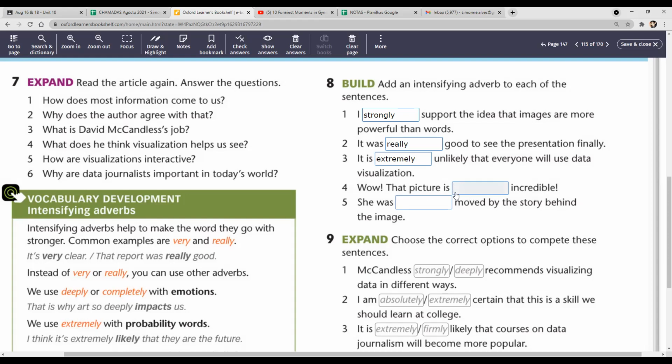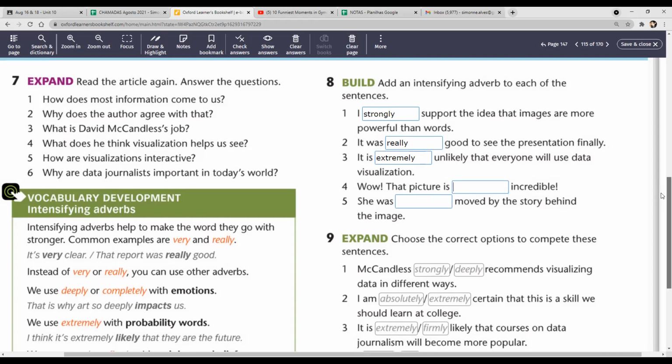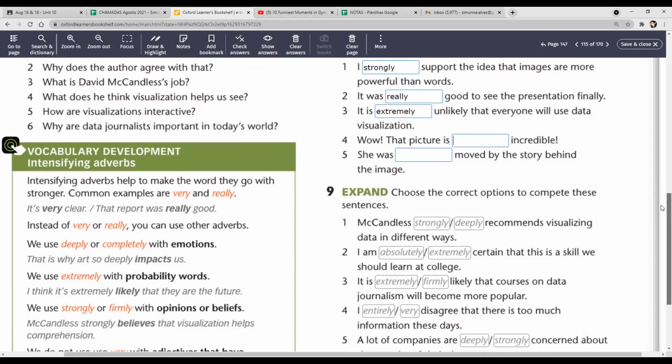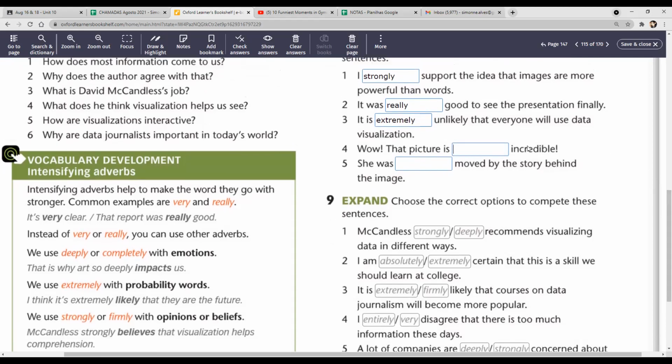So that picture is strongly? No, because here the verb is the verb to be. So it's not an opinion verb. Even though I'm giving my opinion, I'm not using an opinion verb, you know? I'm saying that I think the picture is incredible, but I'm not saying that I believe the picture is incredible.